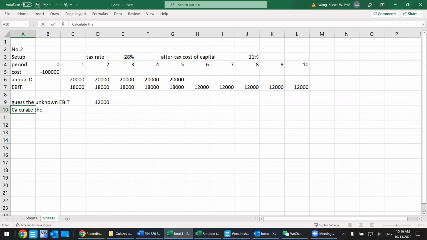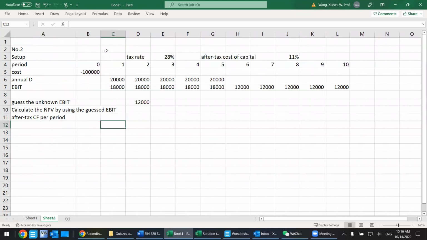Okay, so we're going to calculate the NPV by using the guess, or use the guessed EBIT. All right, so this is actually a capital budgeting problem with tax. So we need to consider after tax cash flow per period. That is our methodology. Okay, you give me tax, I'm going to consider everything on the after tax basis.